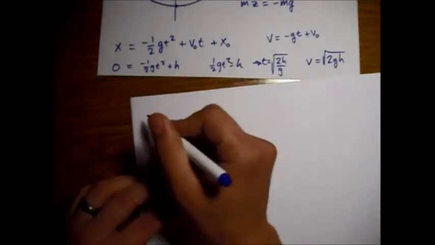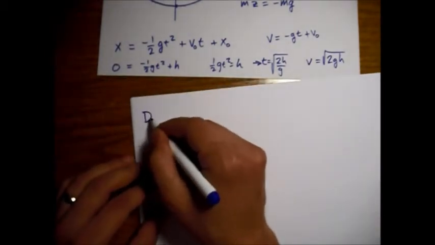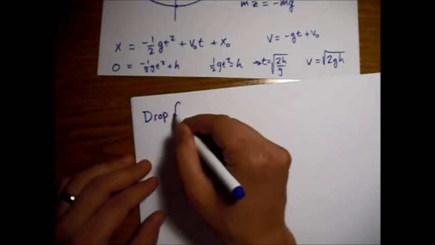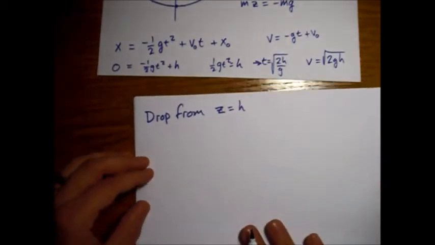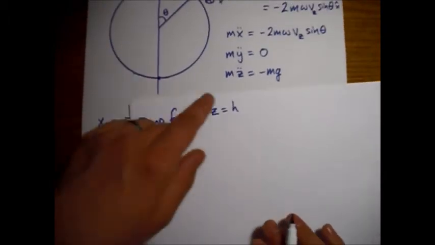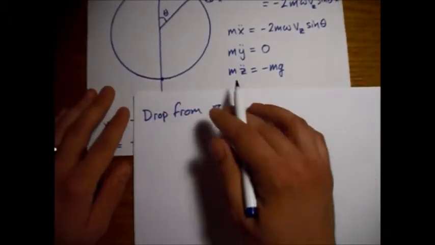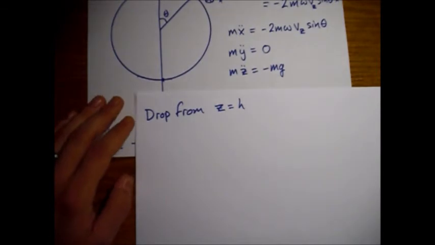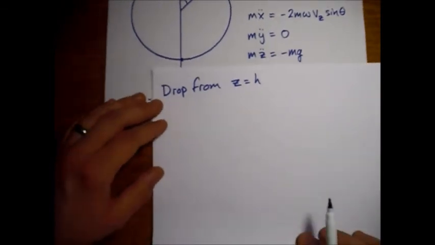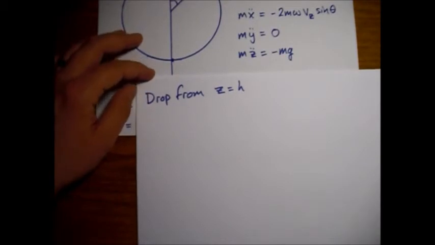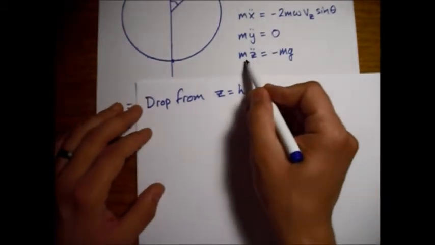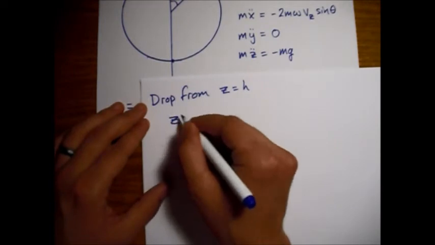So our first case is drop from z equals h. So we're just going to go ahead and integrate this equation. We're going to be just setting the constants of integration to 0 or whatever they are as we go. All right, so looking at this equation, let me just divide by the mass.